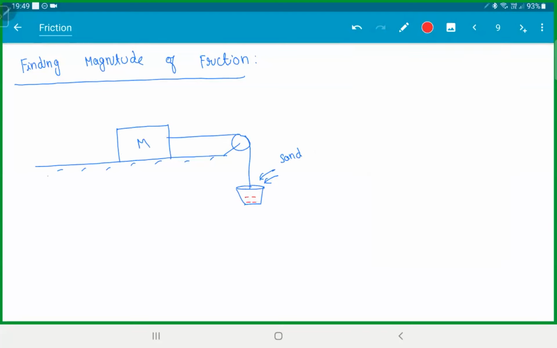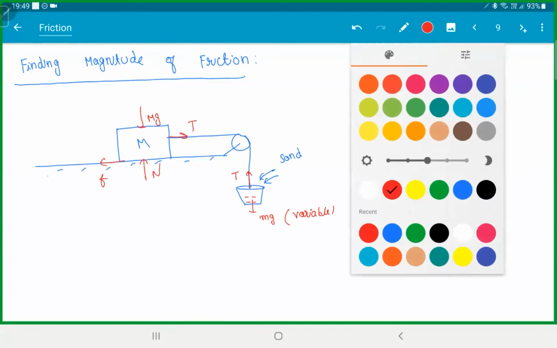As you're putting sand here, this mass will be m, with weight mg. This is variable because as you put more and more sand, the mass will increase. This is the tension, and the same tension will act here. So the friction should act backward, along with the normal reaction and mg. These are all the forces.